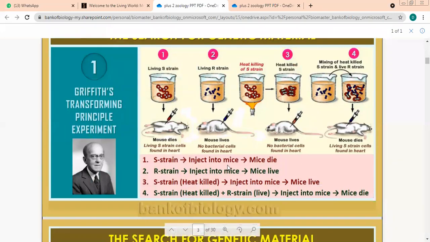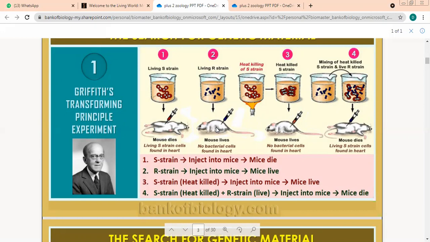First he took the S strain and injected it into the mice and the mouse died. See, he has taken a living strain. Which strain did he take first? The S strain. And what happened to the mouse? It died. Then he injected the R strain into the mice. If you can see over here, the mice is still living.